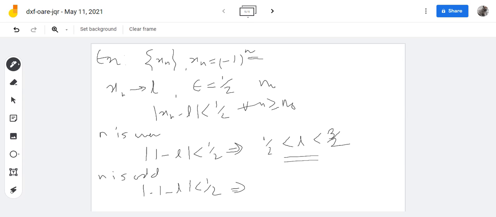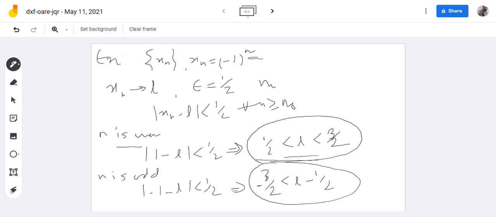This implies minus 3 by 2 is less than L, less than minus half. Okay, whatever. So this is the range for the limit when n is even, and this is the range for the limit when n is odd.